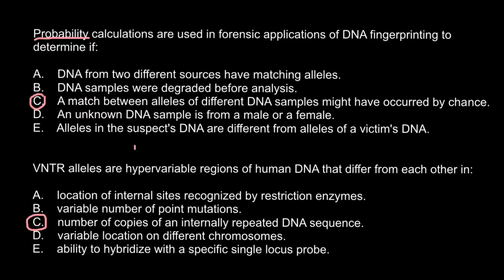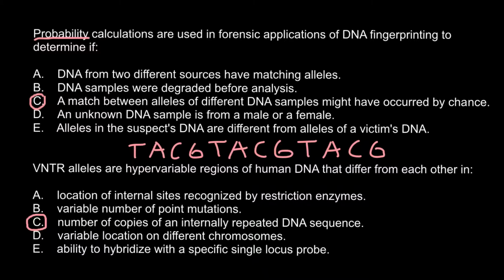For example, this can be T, A, C, G, and in some people this core sequence can repeat 2 times, in other people 4 times, and scientists made special tables of occurrence of different alleles. So if this core sequence repeats 3 times, this would be one type of allele. If it repeats 4 times, this is a different type of allele for the same locus.